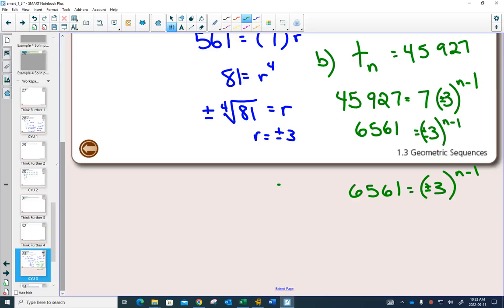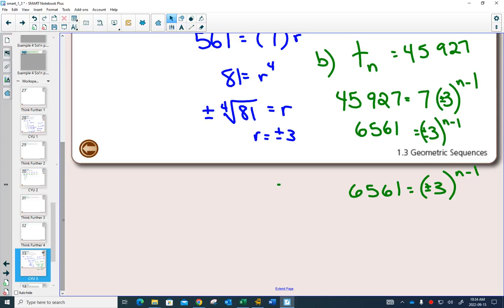So as far as guessing and checking, you could go to your calculator. You could start with, okay, let's say n is 5. Is 3 to the 4 high enough? No, I get 81. What about 3 to the 6? 729.